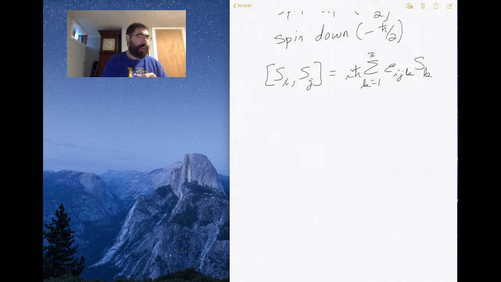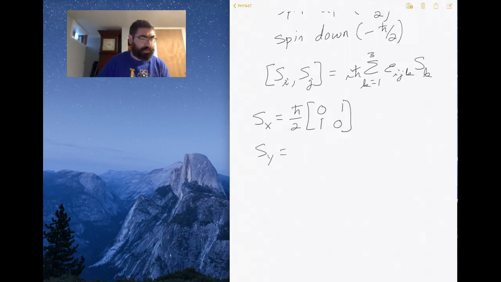And so to round out this video, I will leave you with the answer. There actually are a couple of answers you can have, but the simplest one, the one that most people use, is Sx equal to ħ over 2 times the matrix (0, 1; 1, 0).